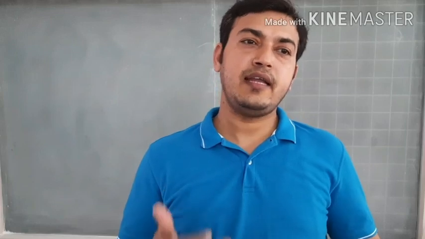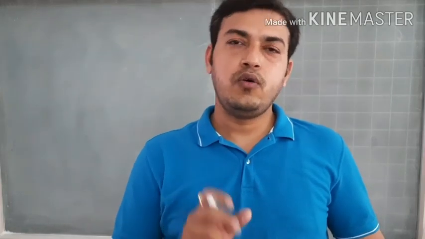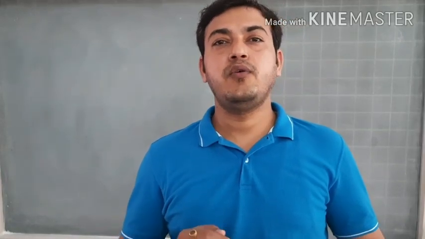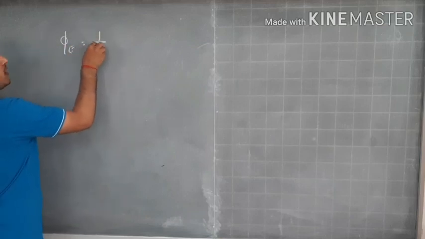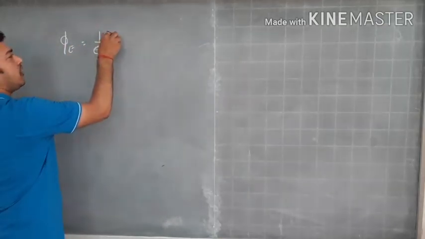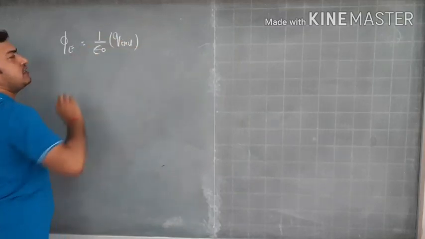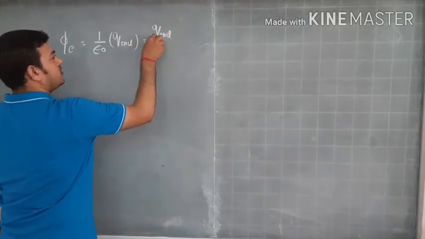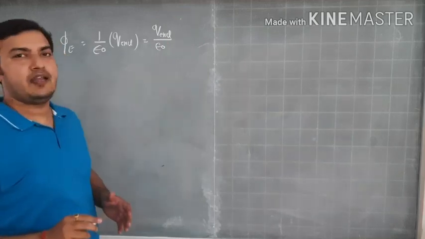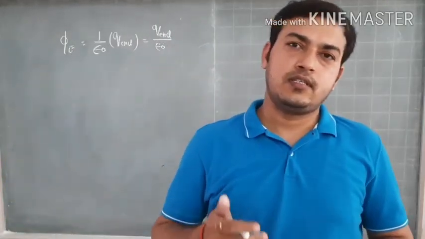The Gauss' law states that total flux through any closed surface, where closed surface means a surface enclosing a definite volume, that may be an inward flux, that may be an outward flux, is proportional to 1 by epsilon naught times the charge enclosed within that surface, or we can say that it is numerically enclosed charge divided by epsilon naught. This is the statement of Gauss' theorem.